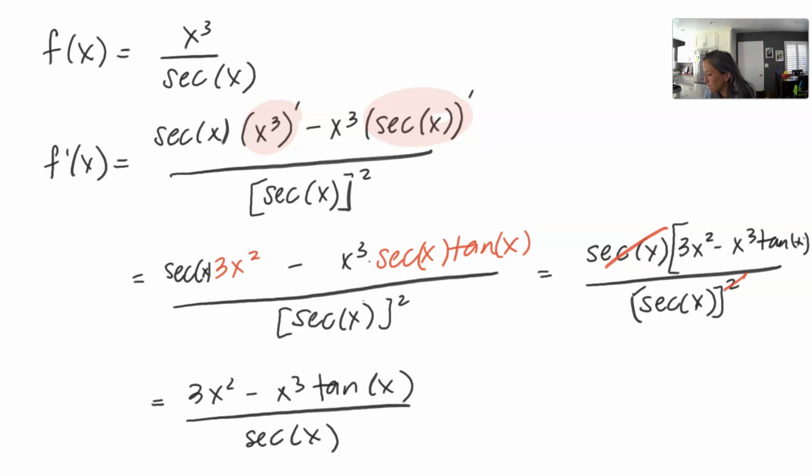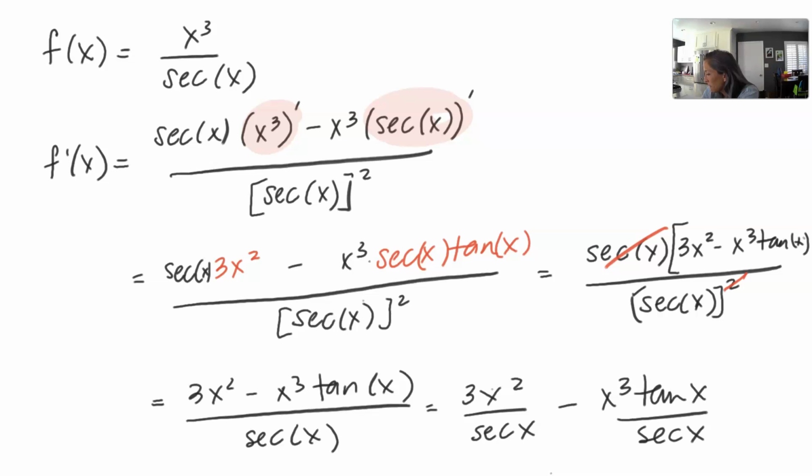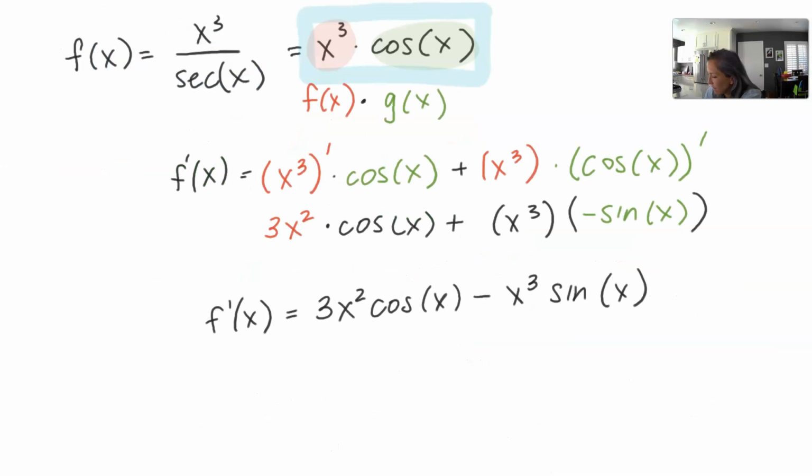And now you're seeing why you suffered so much if you took Math 104 with those proofs of the identities, because there's so much we have to do to make this look like our previous one. So let me just rewrite this by splitting up that fraction. This is the same thing as this. Okay, I'm feeling better already. I recognize that this first one is just 3x squared cosine of x. I needed that over here. I'm good.